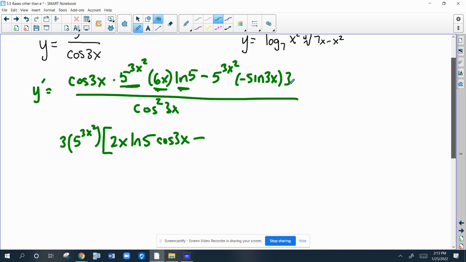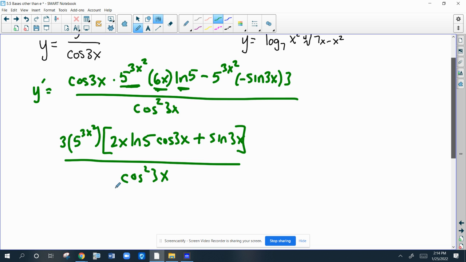Second term, we factor out the 3 and the exponent, so it's a negative sine of 3x. So change that to a plus. And we're all over cosine squared of 3x. That is it. It's a strange looking answer, but that is it.